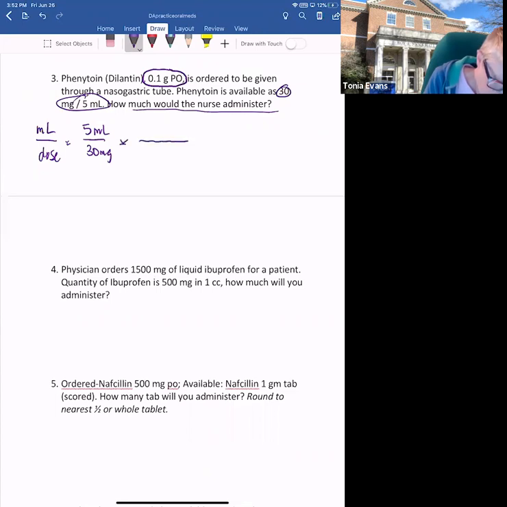Now, my next step here, I want to have milligrams up here. So I've got milligrams down there. And how am I going to cancel out milligrams? I don't have anything else that says milligrams in the problem, right? So my ordered dose is in grams. So I know I'm going to have to convert milligrams to grams or vice versa. And I know that 1,000 milligrams is 1 gram.